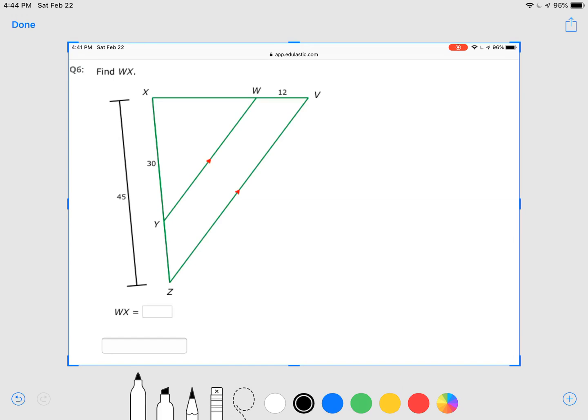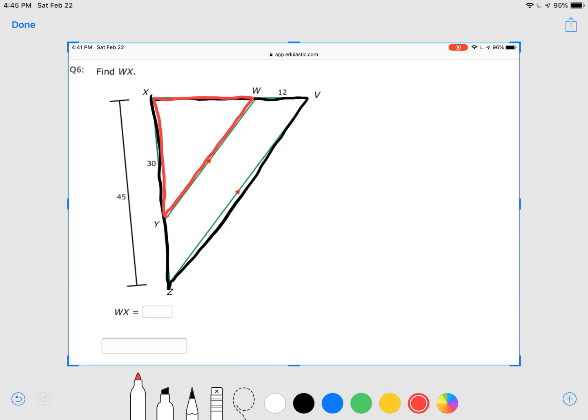So for example, there's two triangles in this picture. There's the large one around the outside, which is X, Z, V. And then there's the smaller one on the inside, which is X, Y, W. Now, when we first started doing similarity, you had to make sure that you set up the proportion between the entire side of the triangle, right?